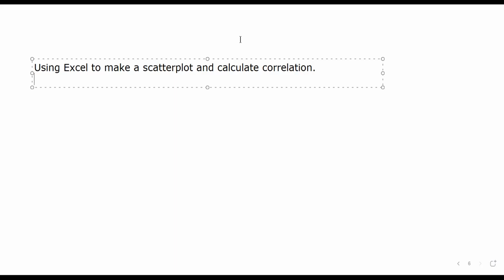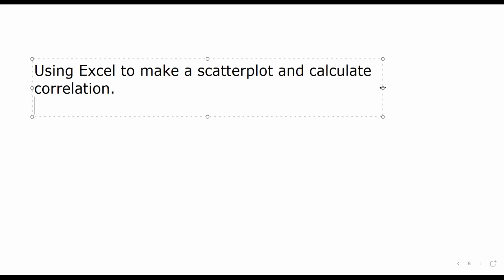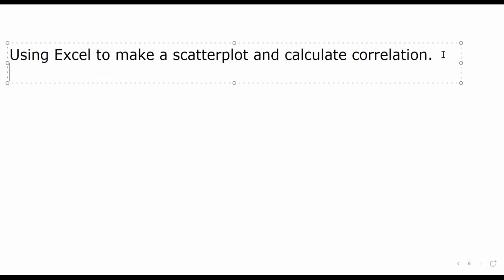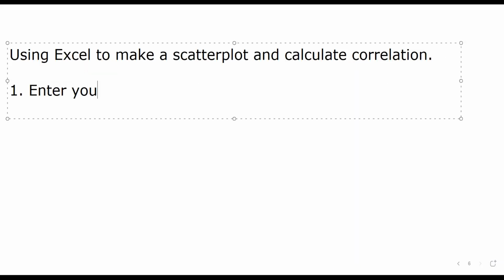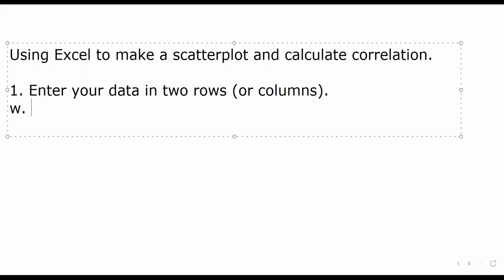I'm gonna bump the font size up. Hope all of this fits on one screen. Okay, number one, enter your data in 2 rows, and you can actually do it in columns. I usually do it in rows, but it will work either way. Number two, highlight the data.